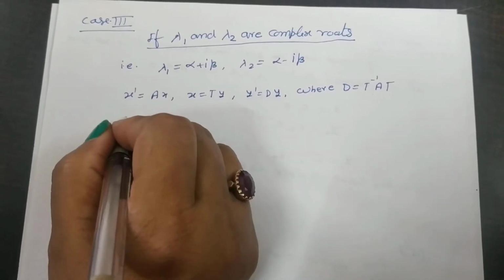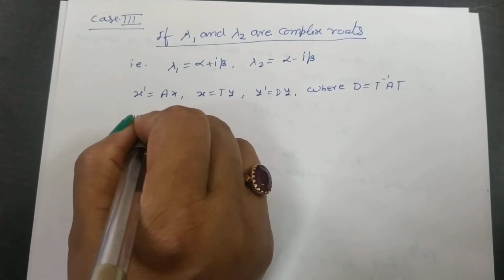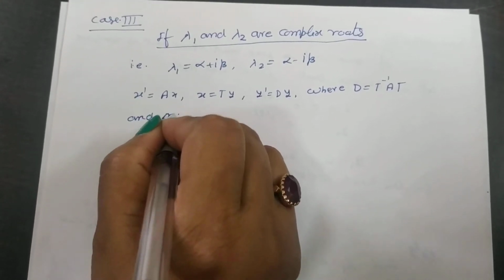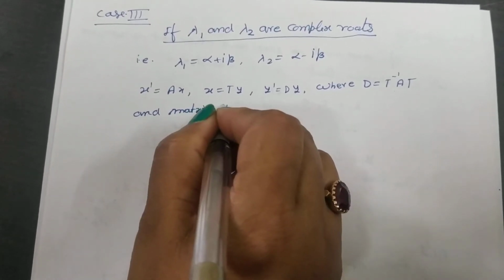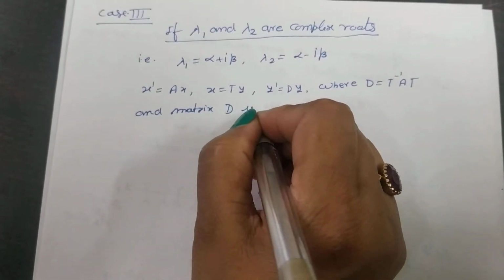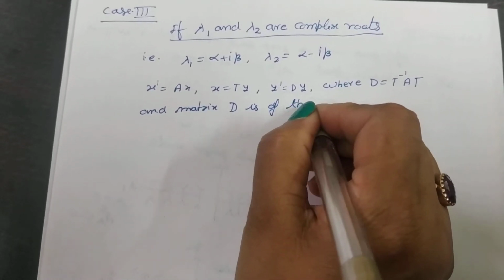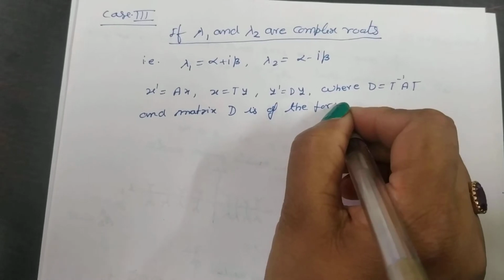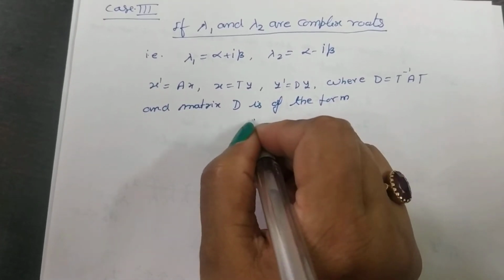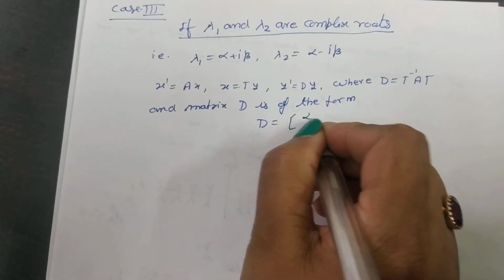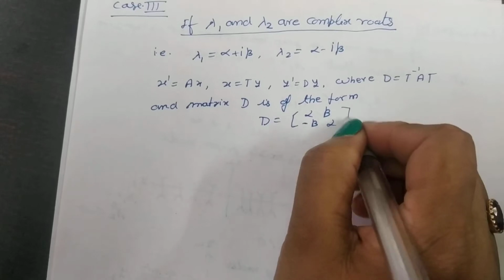And the matrix D is of the form D is equal to [alpha, beta; minus beta, alpha].